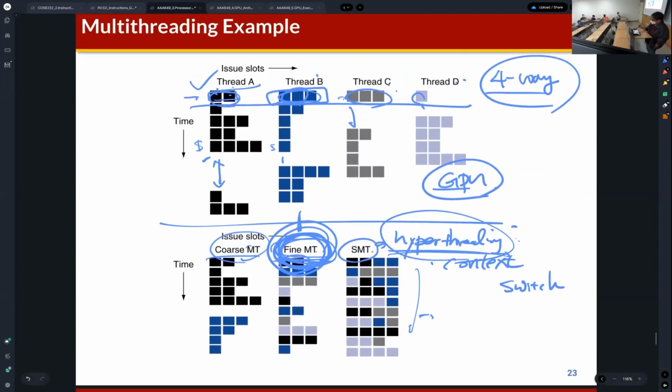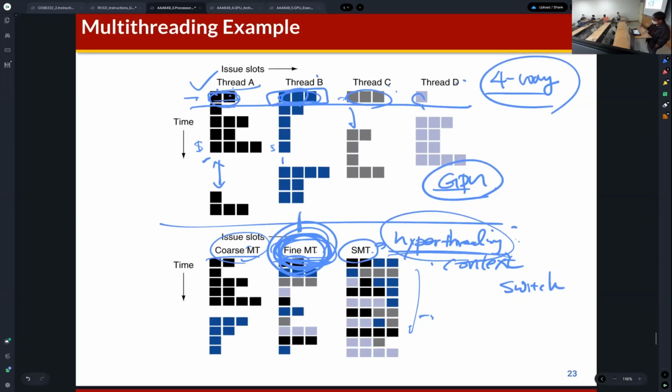This is a CPU method that uses multi-threading, which means that you can fetch any available instructions from multiple threads. This is simultaneous multi-threading.